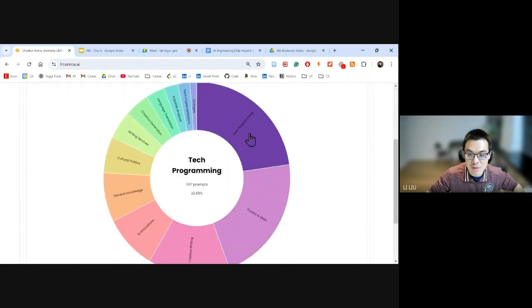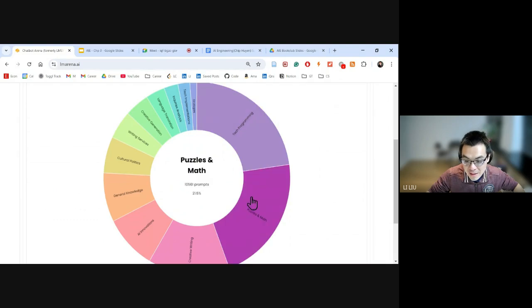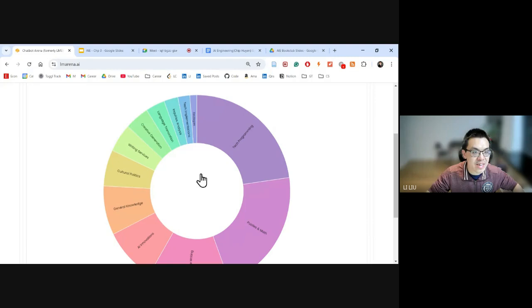You can see most people are doing programming, math, creative writing. These are the most common prompts people run here, and probably similarly when using other AI tools as well.